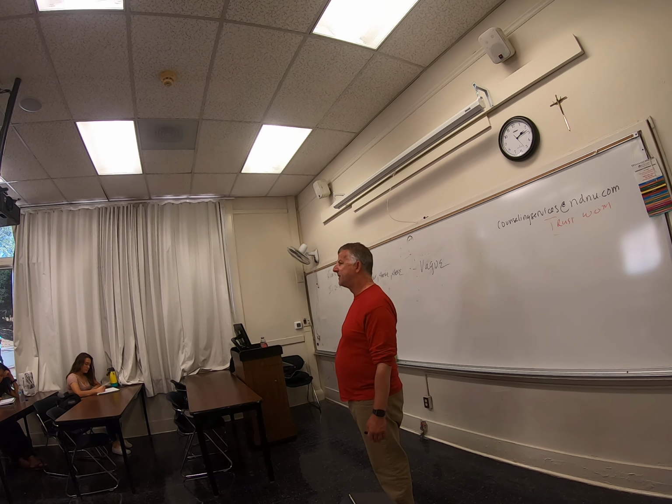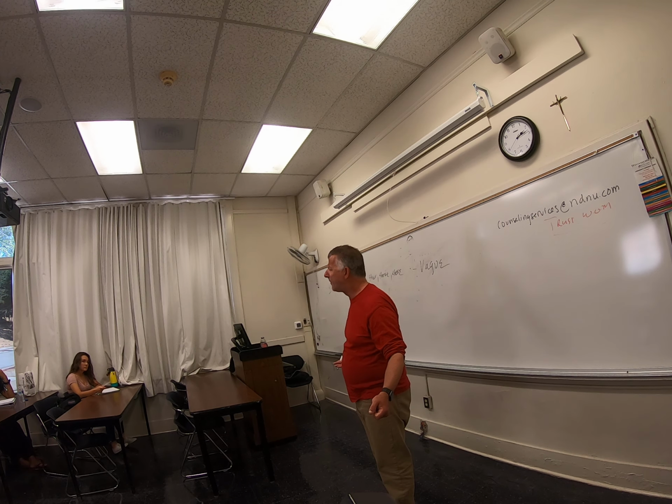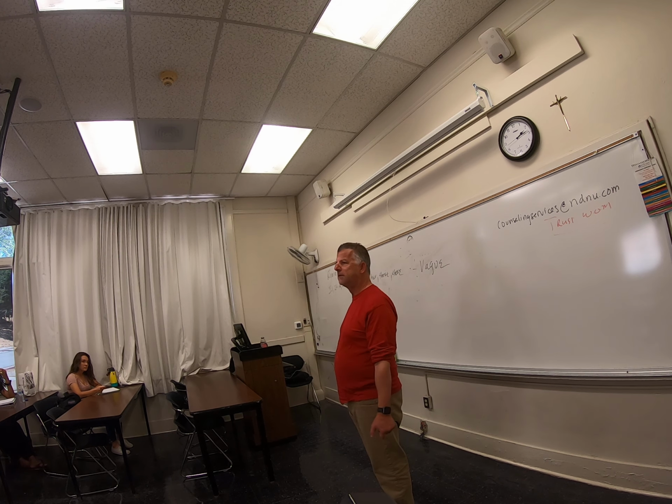Even if I said, Johnny went up the hill because it's the way to go. It's the way to go. Why is it the way to go? I don't know why it's the way to go.